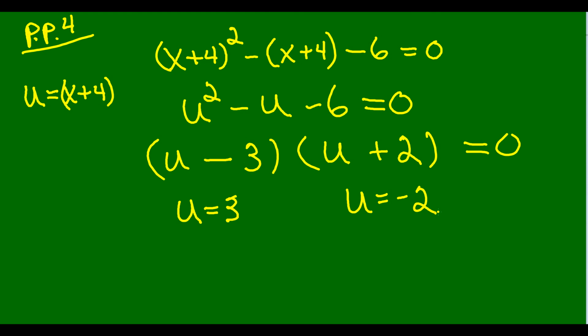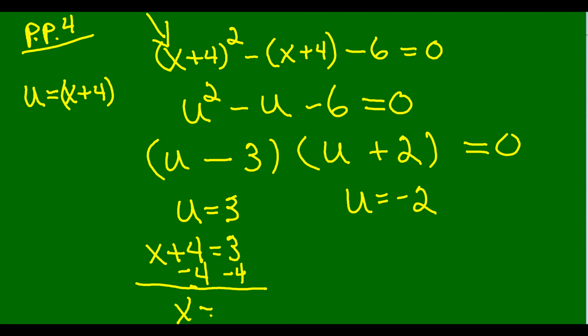But as we did this in class, remember, u equaled the x plus 4. So I've got to substitute the x plus 4 for the u here. And that'll give me x plus 4 equals 3 that I have to solve for x, because that's really what the problem is. What is the replacement value for x in the original problem? Okay, so here I'm going to subtract 4 from both sides. So I know this x is going to equal -1.